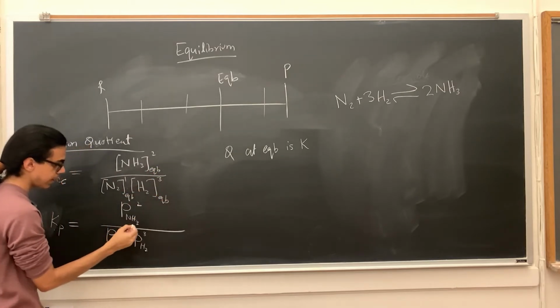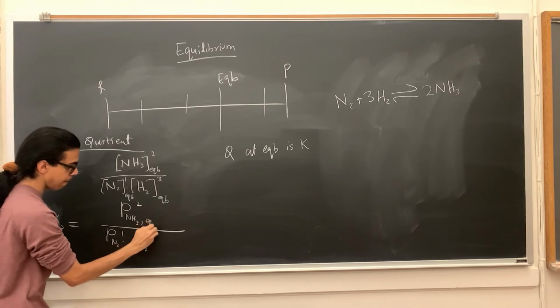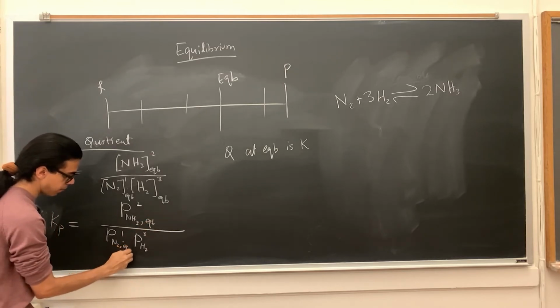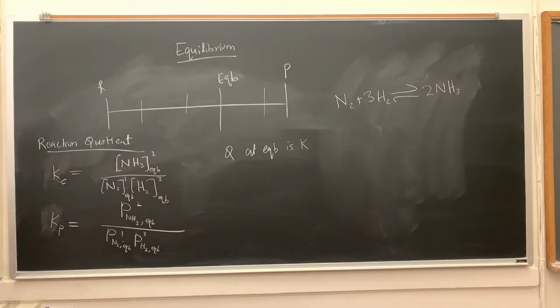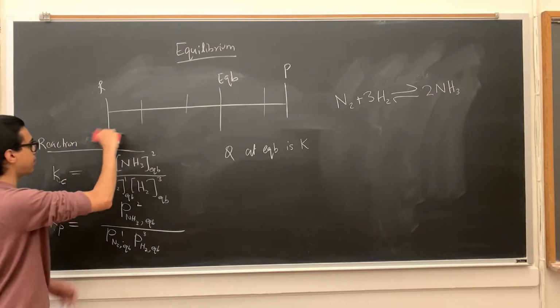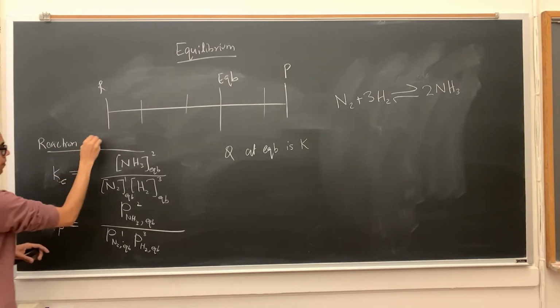So you can think of this as sort of the formula, if you will, for the reaction constant. It's just the same thing at equilibrium. And then this becomes the reaction constant.